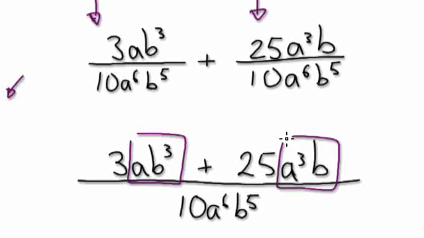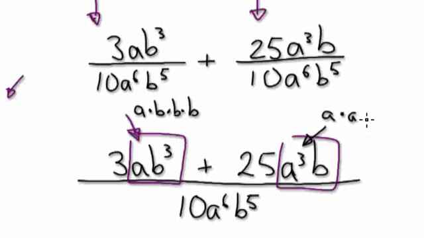Actually, most of you probably think they are the same, but they're not, because if you look at the breakdown of this, this is A times B times B times B. Okay, and then over here, here's A times A times A times B.